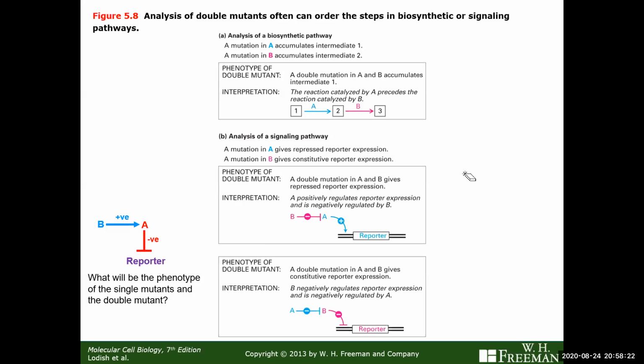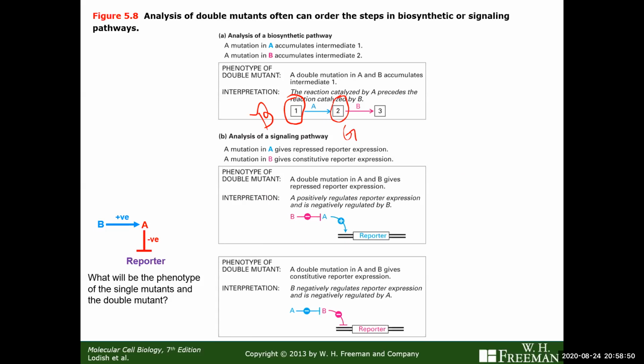Okay, so the first one is a rather straightforward one. It's a linear pathway. 1 is the substrate. Let us say that this substrate is blue in color. 2 is the product of that substrate because of the action of enzyme A. Let us say it is green in color.